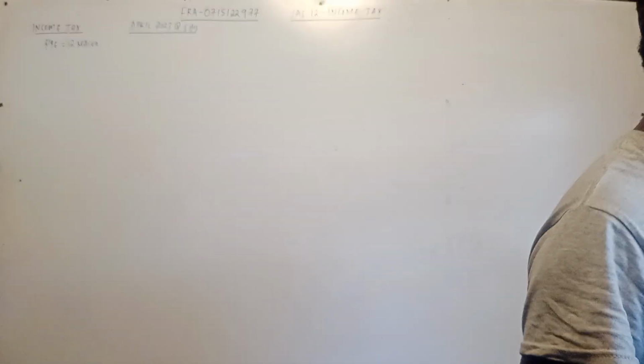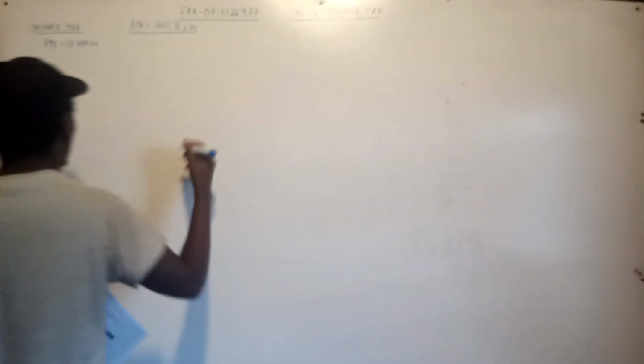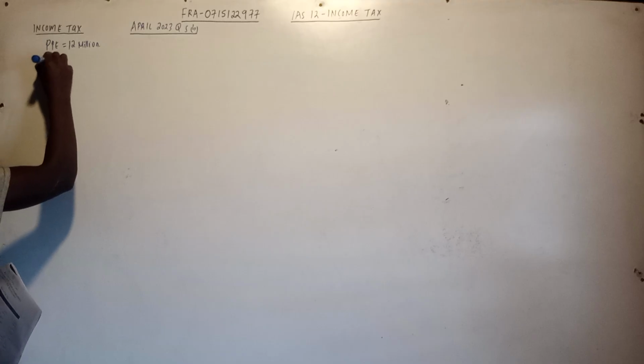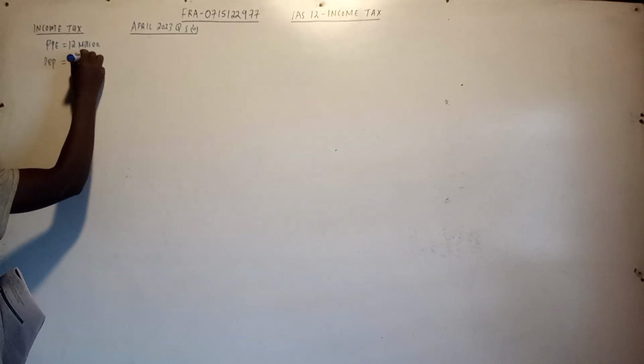Then the company provides depreciation on equipment on a straight-line basis at the rate of 25% per annum. Now because it's on a straight-line basis, depreciation is the same from 1 year to another. So 25% of 12 million.